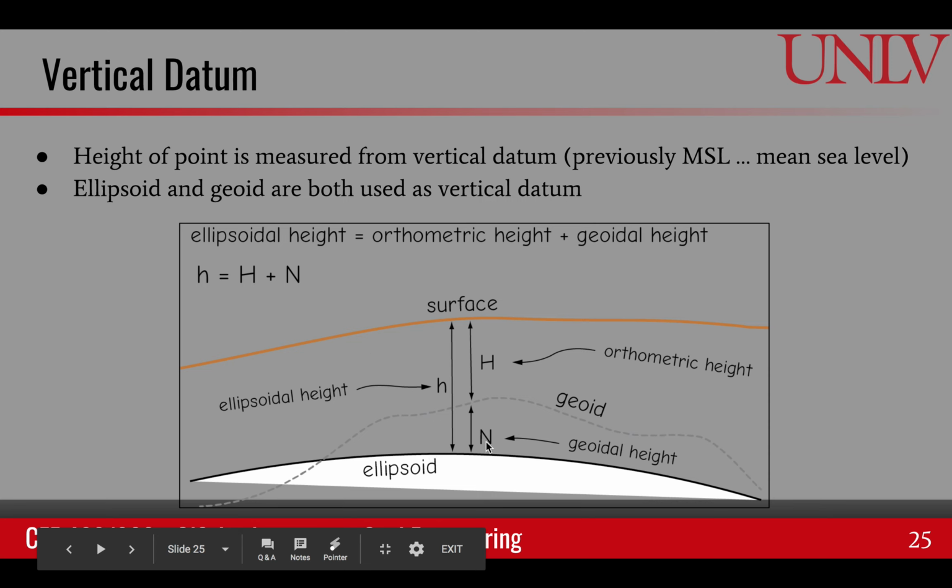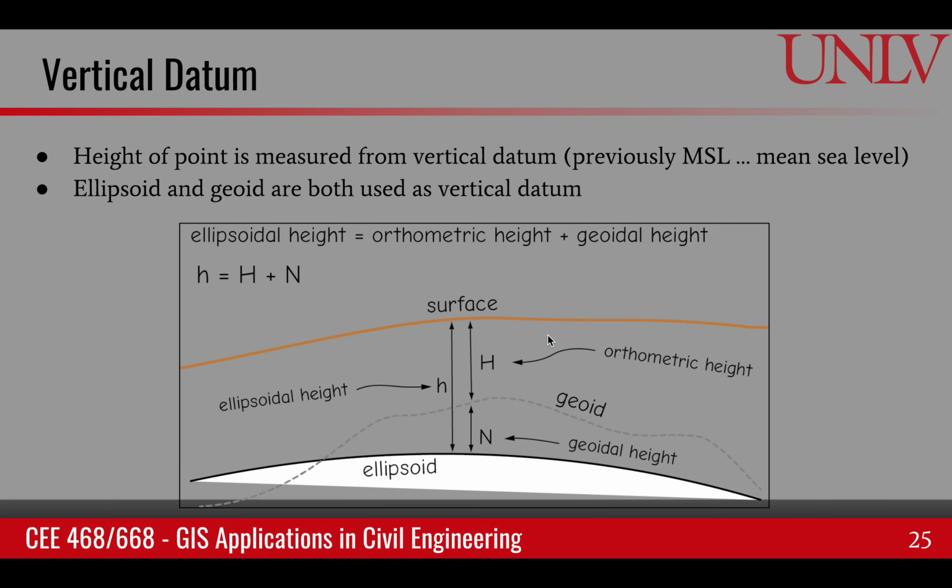And the height of the geoid over the ellipsoidal surface is called the geoidal height. The orthometric height is the new height that we consider, the height above the geoid, when we start using the geoid as the reference surface for our vertical datum.